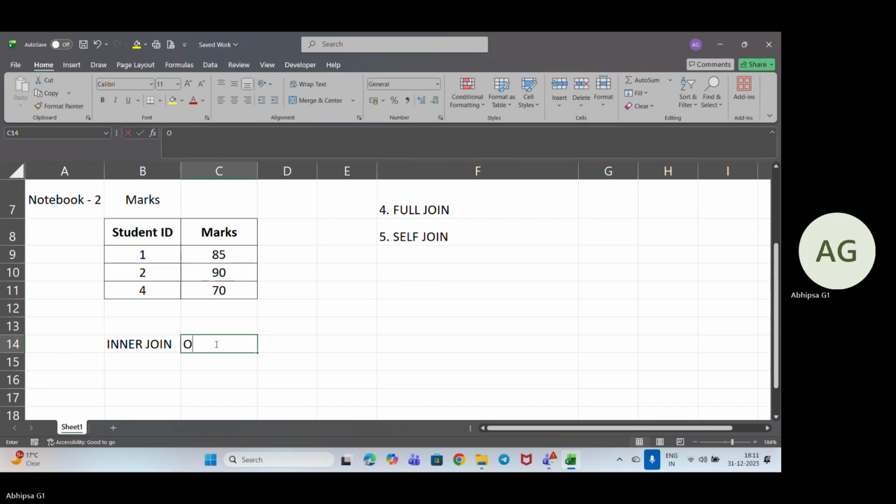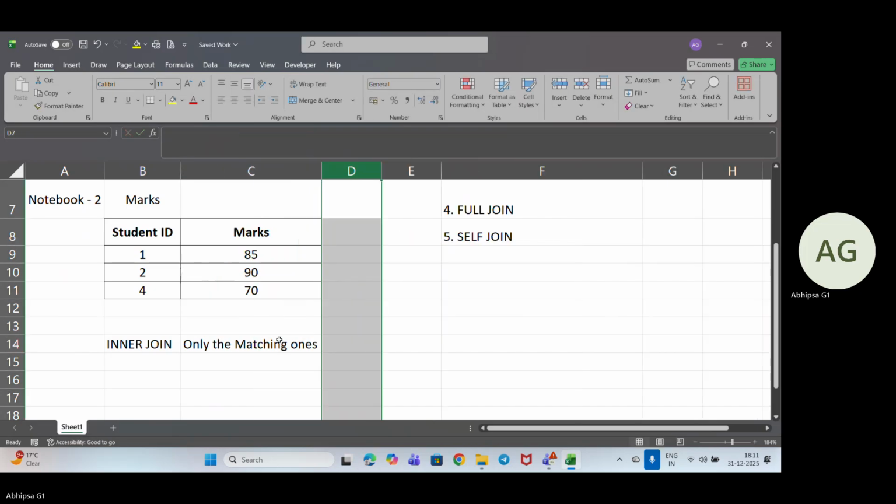This is the exact meaning of inner join. Now, suppose you have the lists of two friends. We want only the friends who are there in both the lists. That is what we actually want.